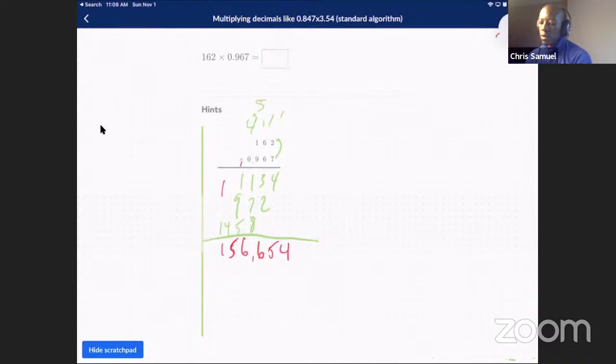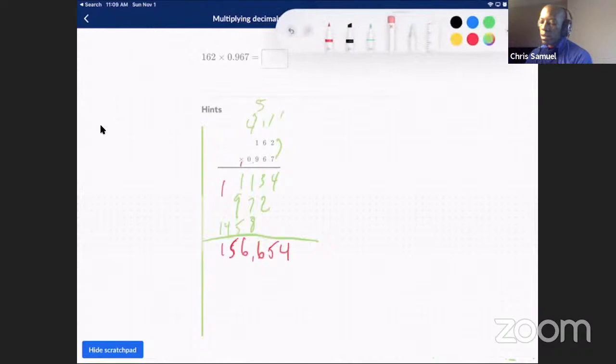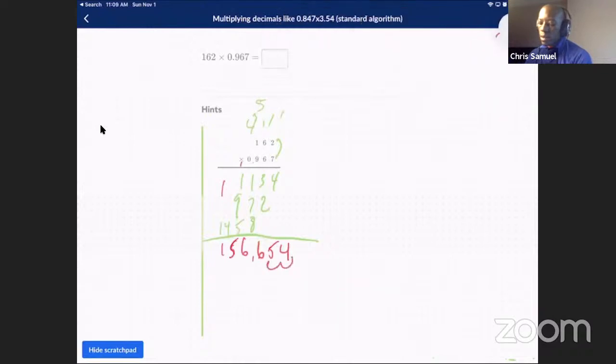Now we could just move over the decimal places. Yeah, and one reason why I like this number is because I remember that 1 times 162 is 162.